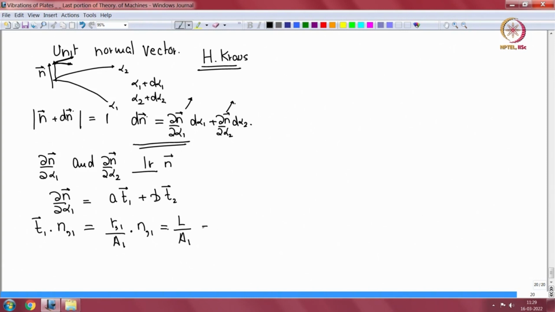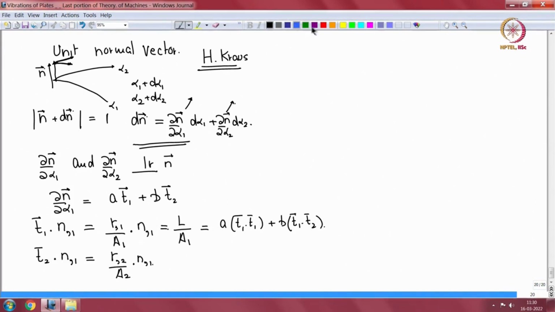Okay. So, this is equal to A times T1 bar dotted with T1 bar plus B times T1 bar dotted with T2 bar. Similarly, if I do T2 bar and dot it with n comma 1, then that is equal to R comma 2 by A2 dotted with n comma 1.